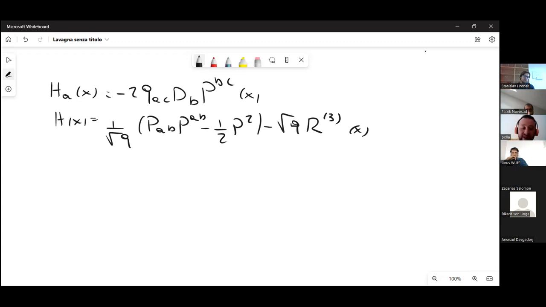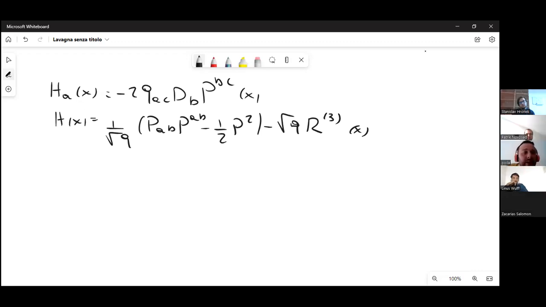We would like to have smooth results, something that has been smeared. So one thing to do is to take this H_a and H and smear them out with some other functions, test functions.